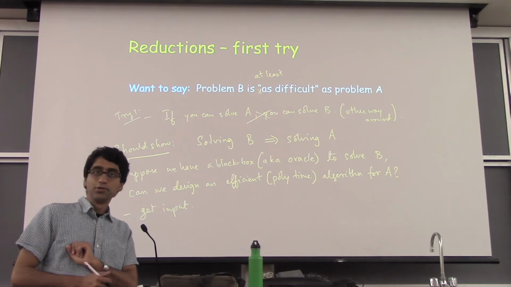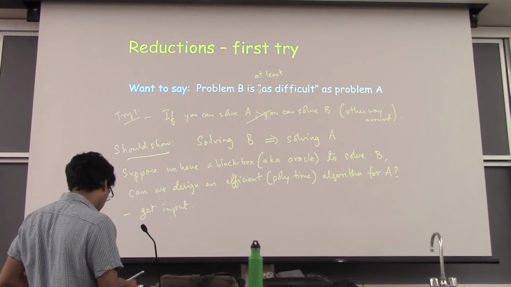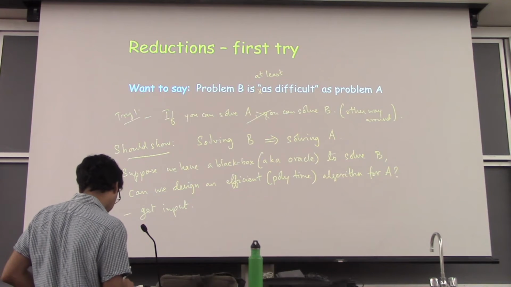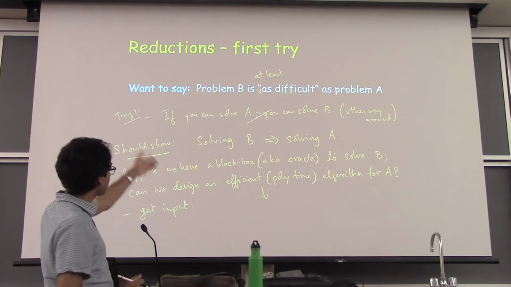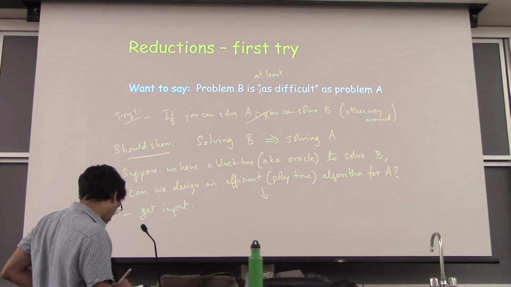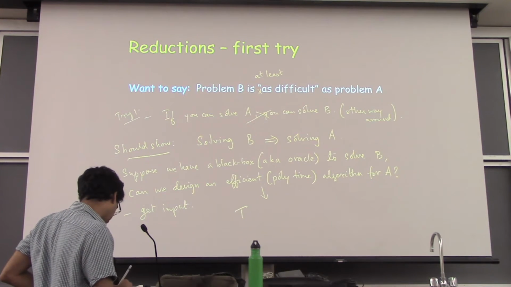So these are what are called Turing reductions. This is one way of formalizing the notion of reduction, and these are called Turing reductions or Cook reductions.